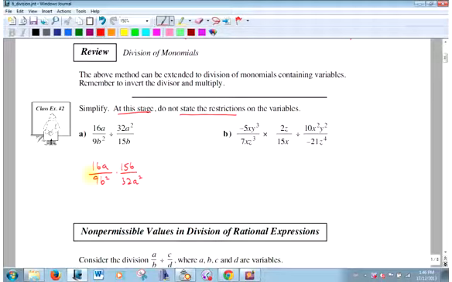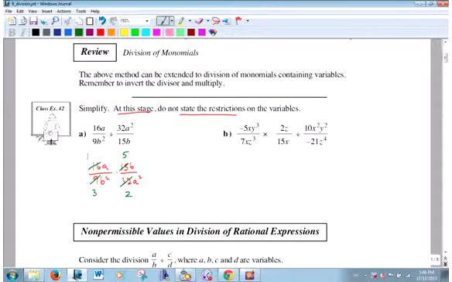Okay, so 16 and 32. How many times does 16 go into itself? Once. You can write the 1 if you like. 16 goes into 32 2 times. 3 goes into 9 3 times. 3 goes into 15 5 times.